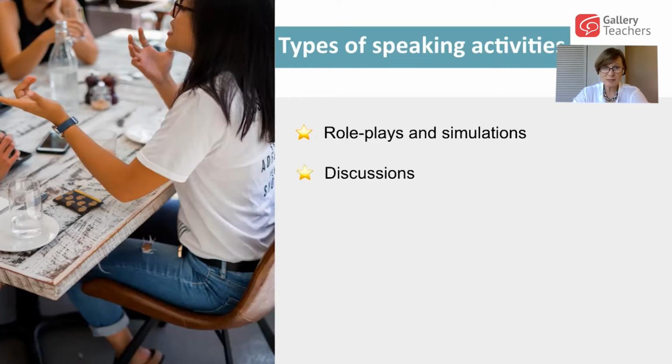We all are familiar with discussions when we give our students different topics and they need to express their opinion, their point of view on this particular topic. We can also think about pyramid discussion. It's when the students are thinking about the topic individually by themselves and create their own attitude towards it. After that, they work in pairs and they need to maybe convince each other that their list is better than their partner's, or they need to come to a sort of a compromise.